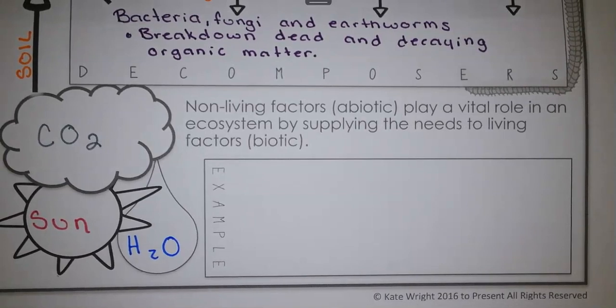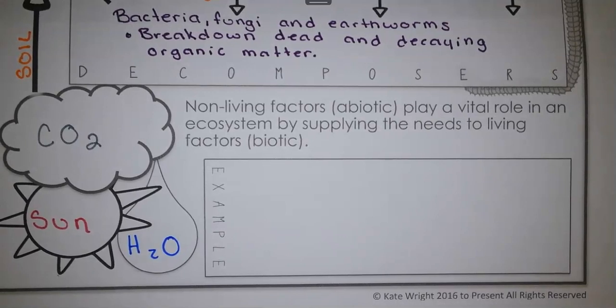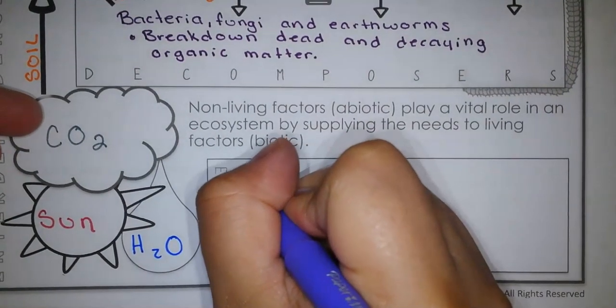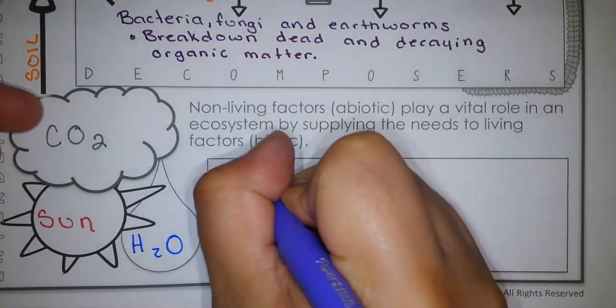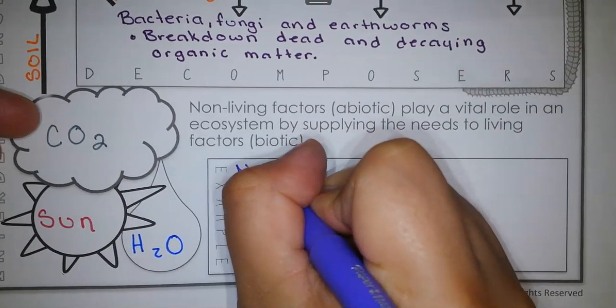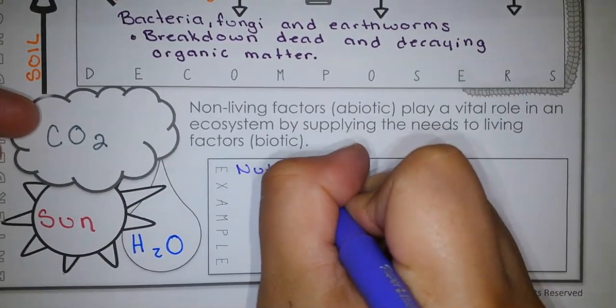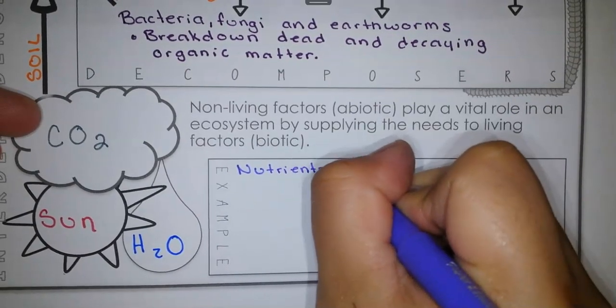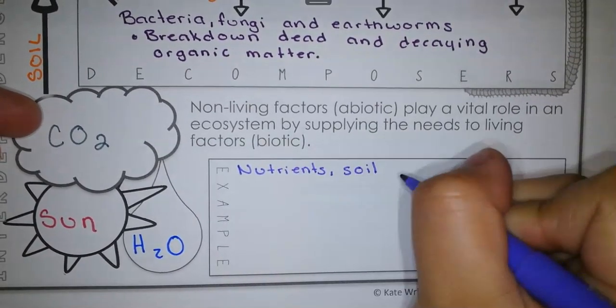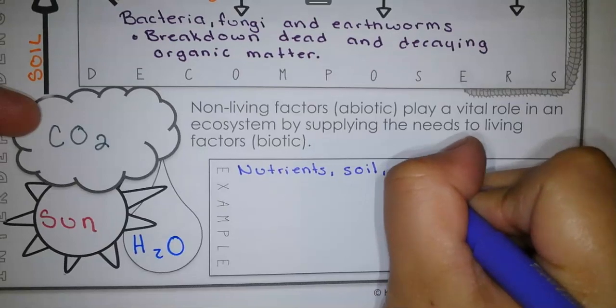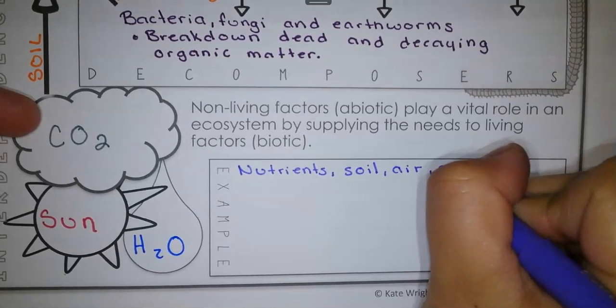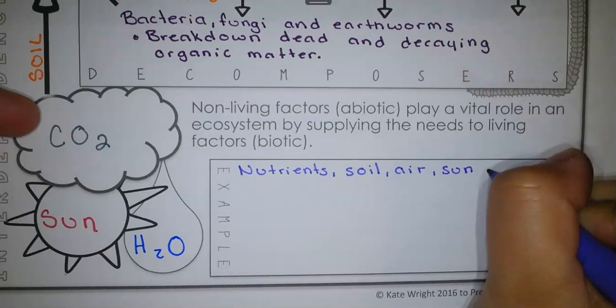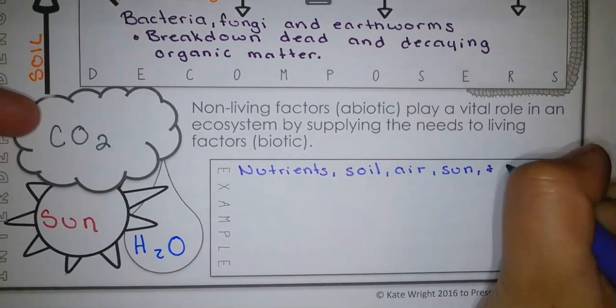So examples would be nutrients, soil, air, sun, and water.